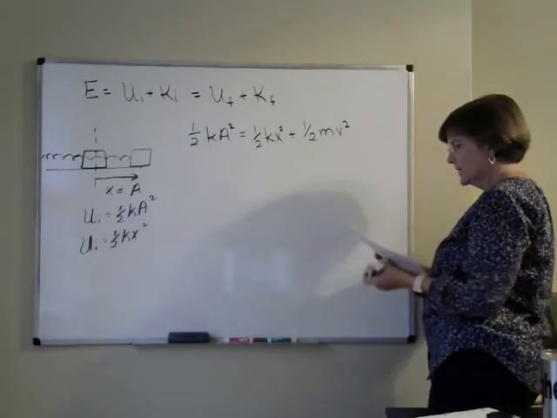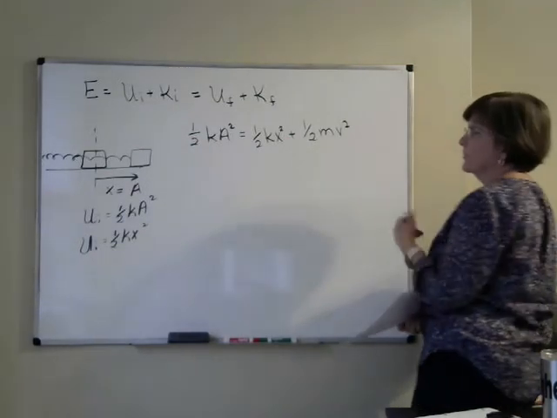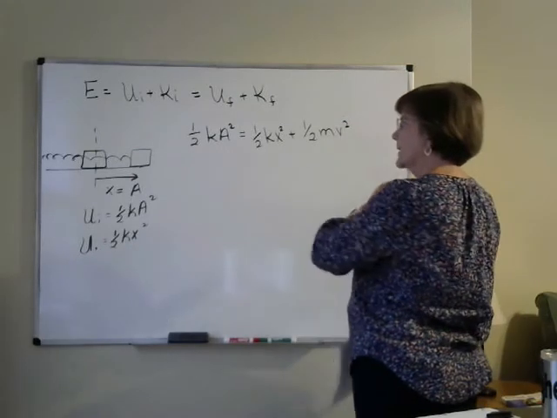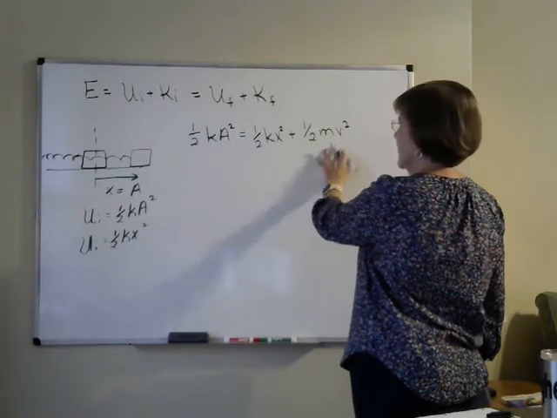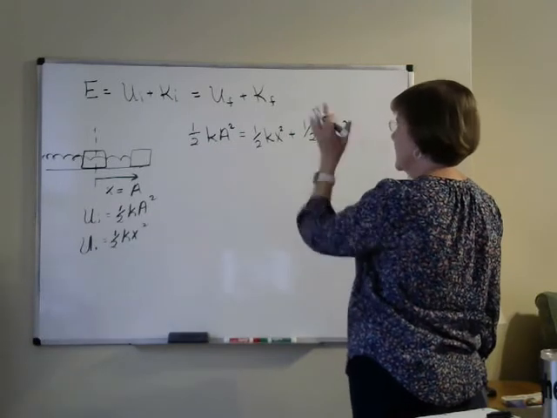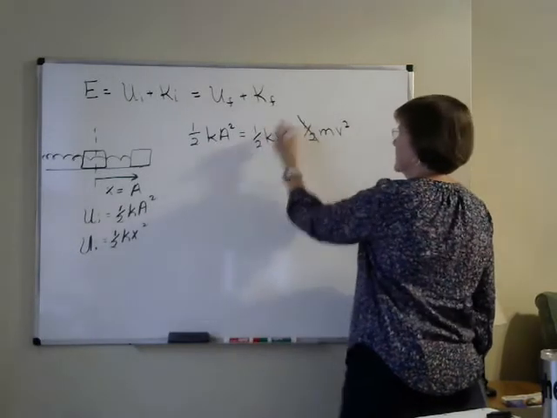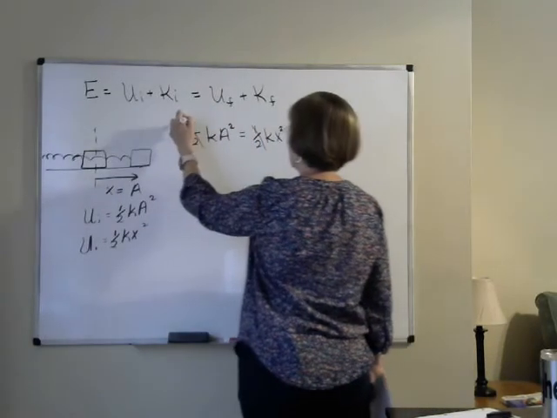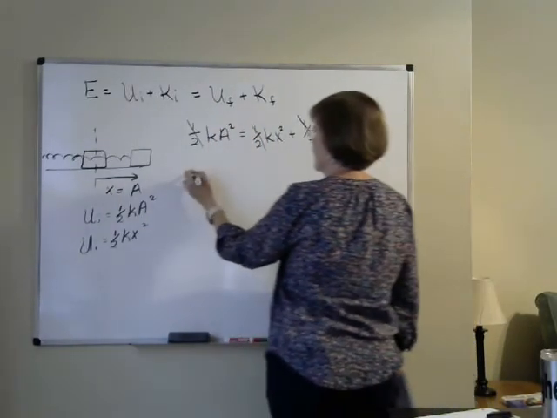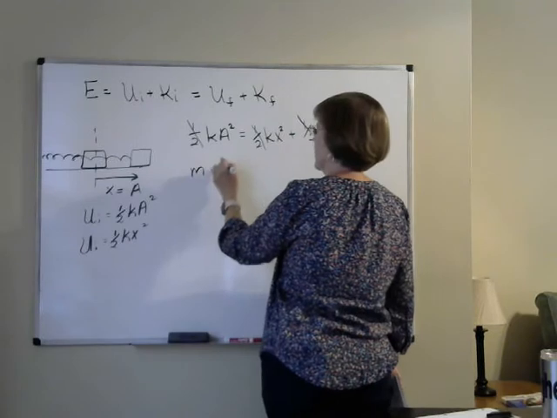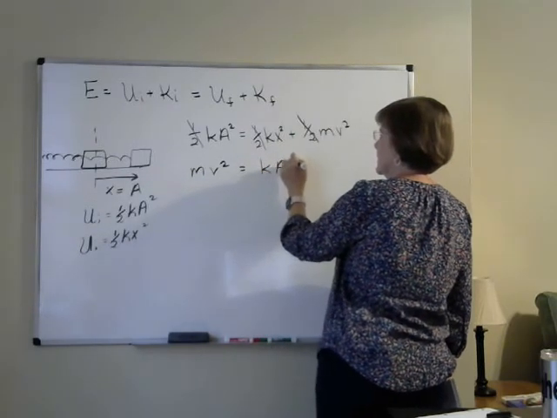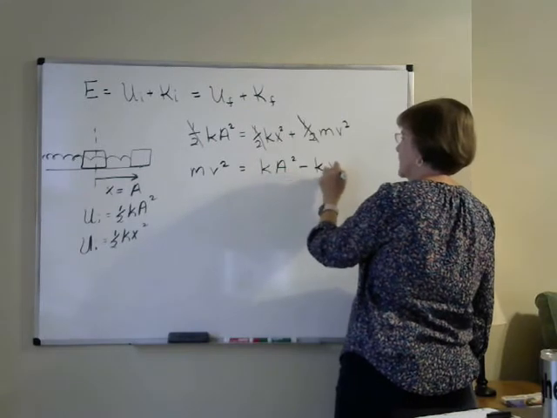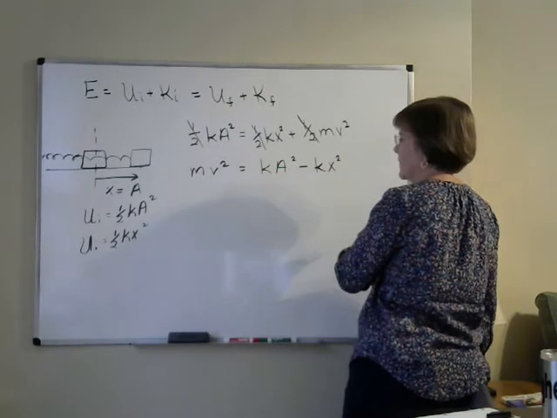If we want to solve that, we can get an expression for the velocity at any point along the path. First thing you notice is we can multiply everything by 2 and all the halves go away. I get that m v squared is simply equal to k a squared minus k x squared.